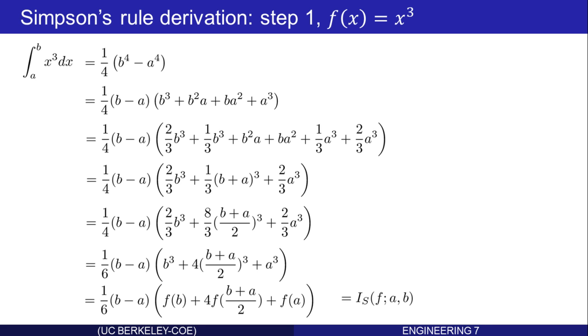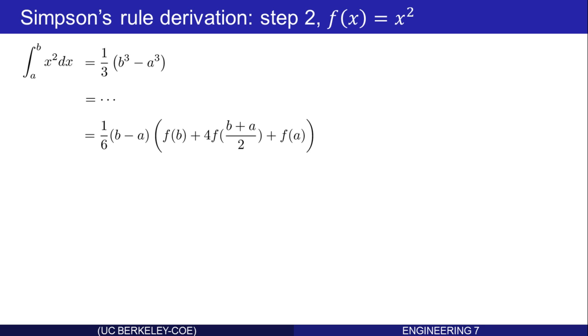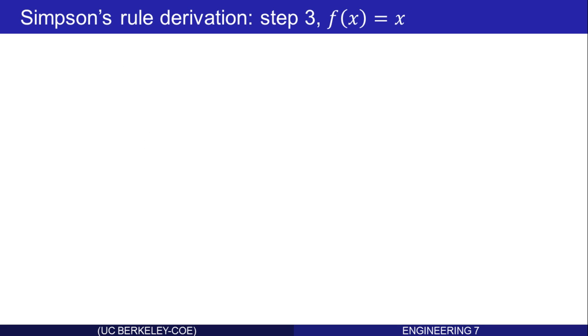Now let's move to the next step and verify the same identity for a quadratic function. The integral of x squared is 1/3 of b cubed minus a cubed. Follow the same steps as on the previous slide, but actually it's quite a bit simpler. And again, you will arrive at Simpson's formula, so it also works for quadratics. Step 3, do this for linear. The integral of x dx is 1/2 of b squared minus a squared.